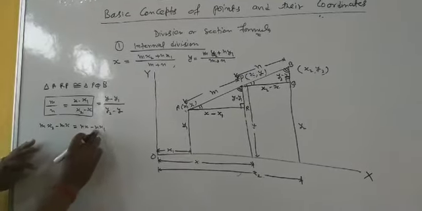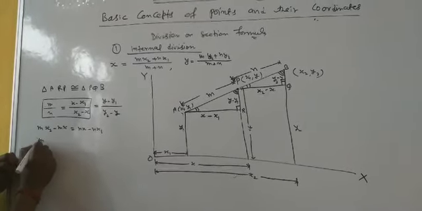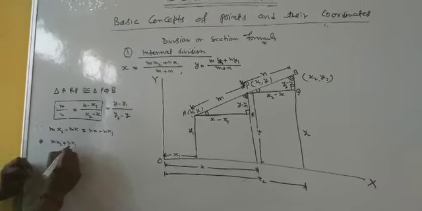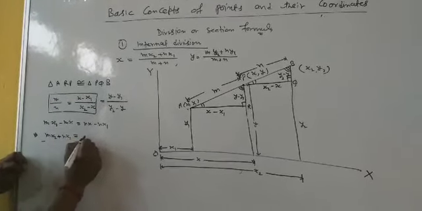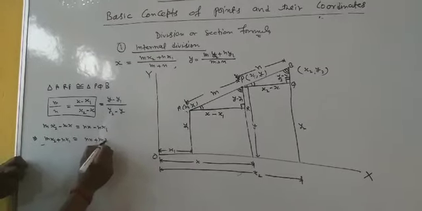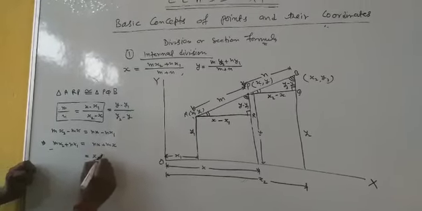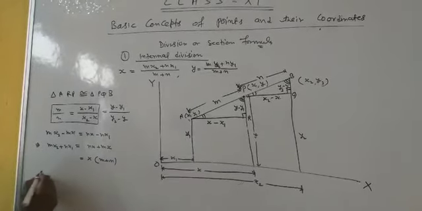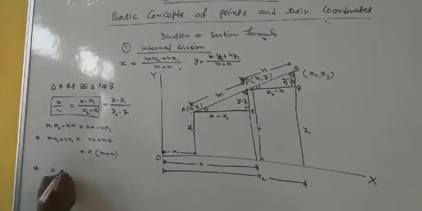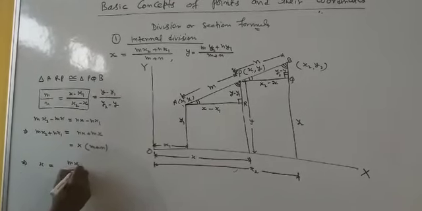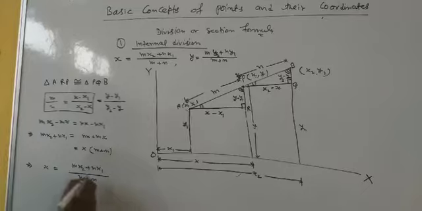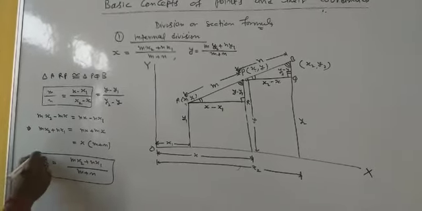Now transposing nx1 to the left hand side, we get mx2 plus nx1 is equal to nx plus mx. Taking x as common, we get m plus n. It implies that x is equal to mx2 plus nx1 upon m plus n. This is your x coordinate.